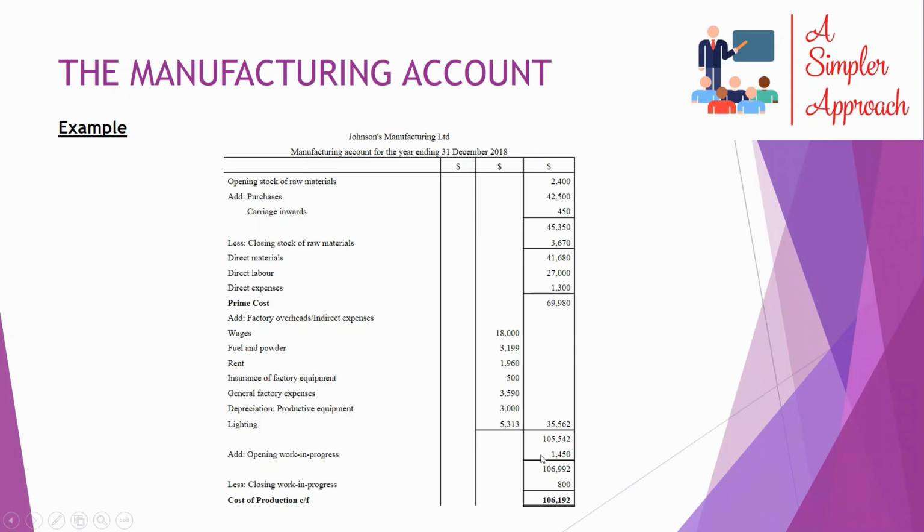Add your work in progress, which represents the semi-finished goods that were in stock when the accounting period started. Those are the goods that would have been finished first. You know, they're semi-finished. So finish them first before we go to anything else. Okay? Add that to 105,542.